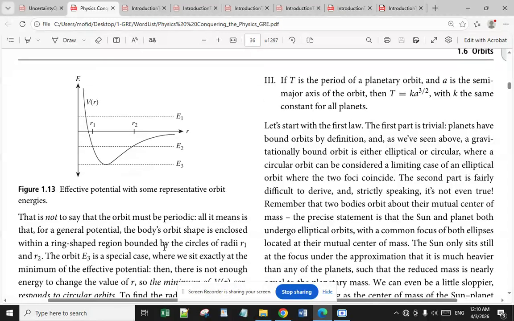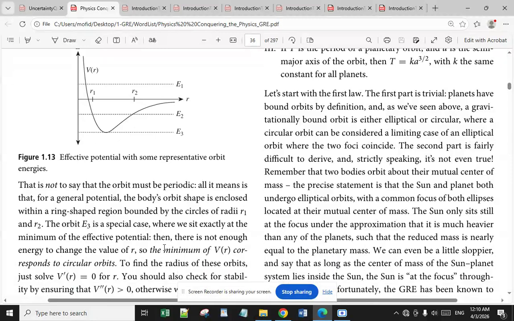Remember that two bodies orbit about their mutual center of mass. The precise statement is that the Sun and planets both undergo elliptical orbits with a common focus of both ellipses located at their mutual center of mass.